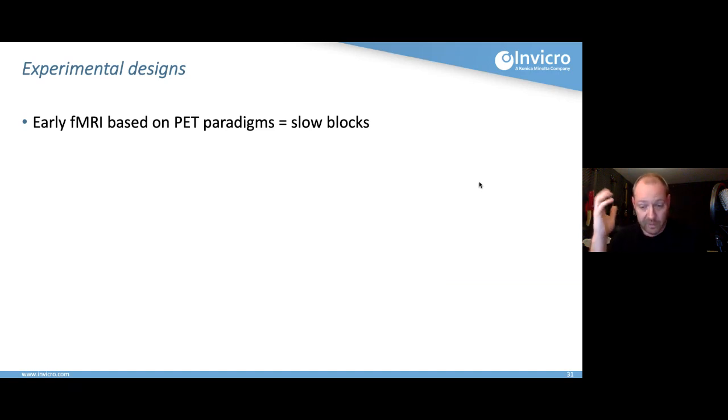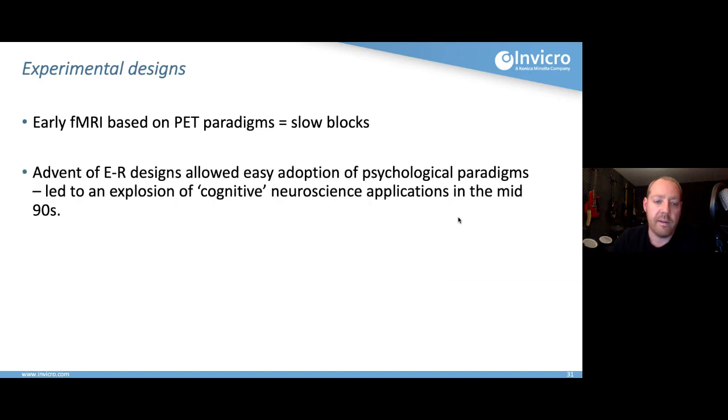So they were already looking at people's brains just using a different kind of technology. So they ported over the same kind of experimental designs they'd been using with PET, which was sometimes a minute or even 2 minutes of constant stimulation with a visual stimulus or something like that. So very slow block designs.